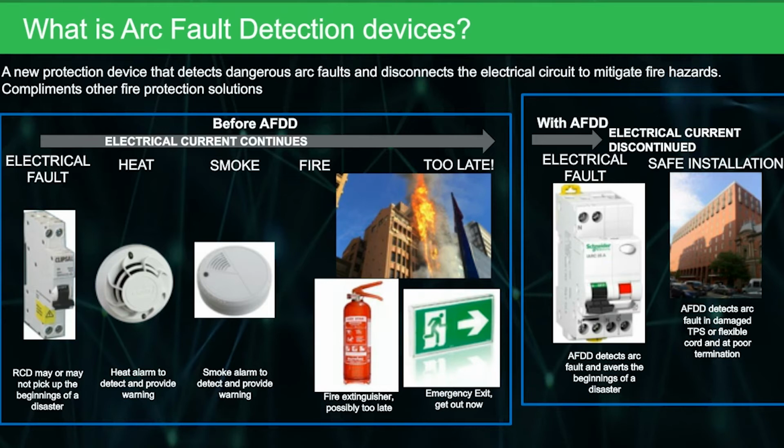RCDs were originally marketed as a means to detect a fire and cut power, other than the personal protection they provide. But they're pretty hit and miss in that regard, because if it's an active neutral issue, they won't trip out. It'll only be an overload situation, so it may or may not detect the fire.